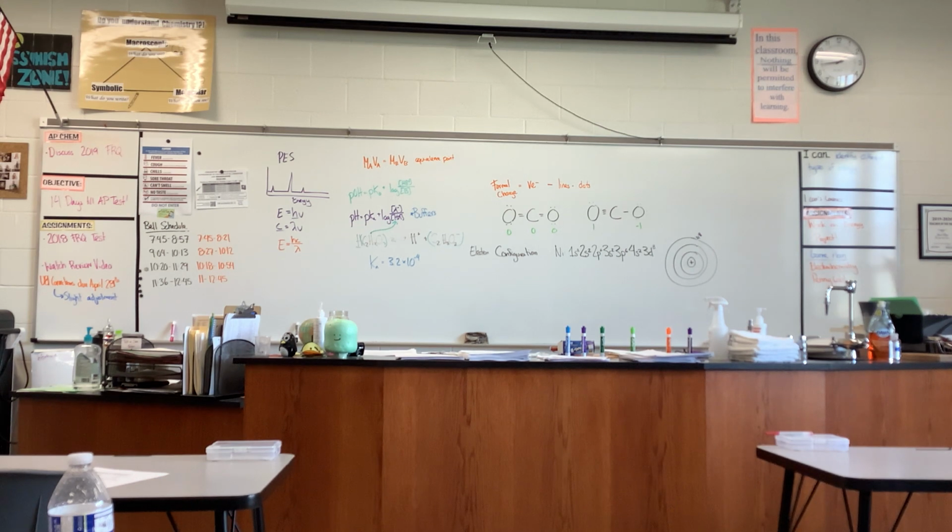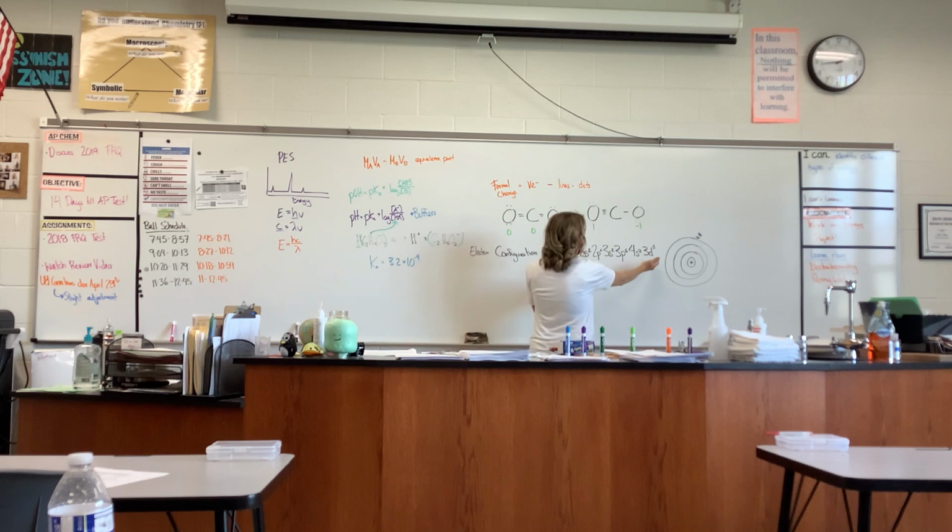For notation, you could put argon in brackets. The best way if you have to do this by hand is the shortcut version, where you take a noble gas, the last family.